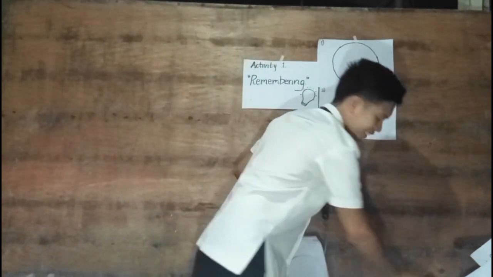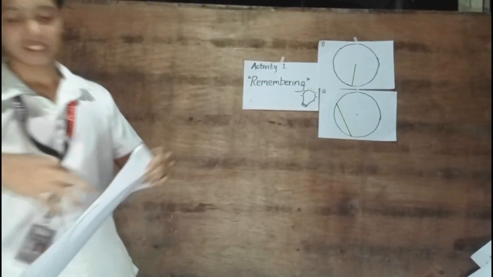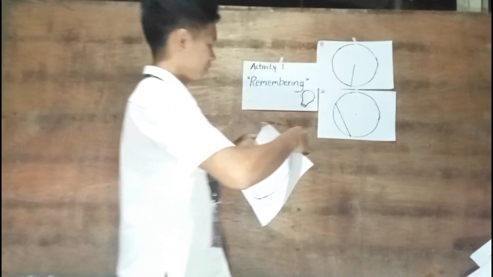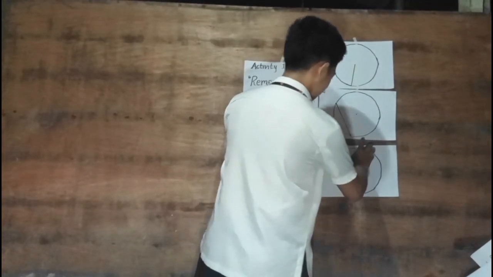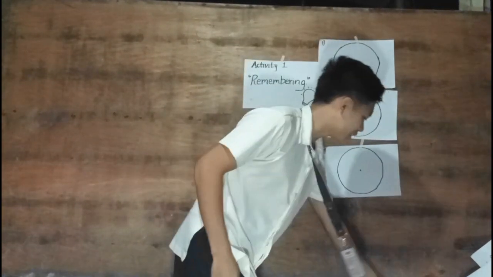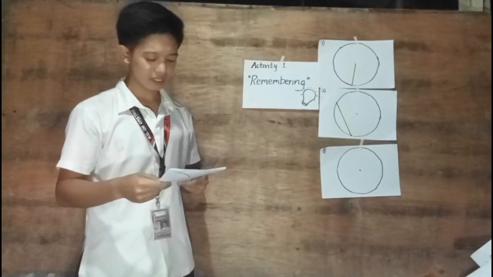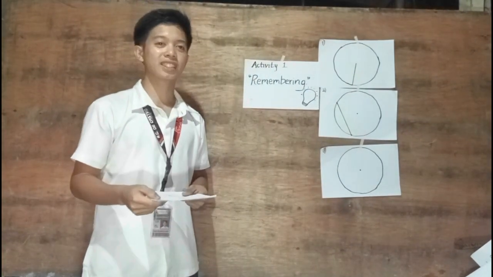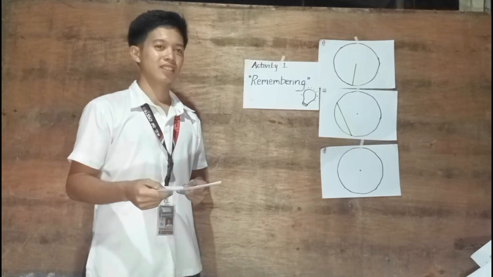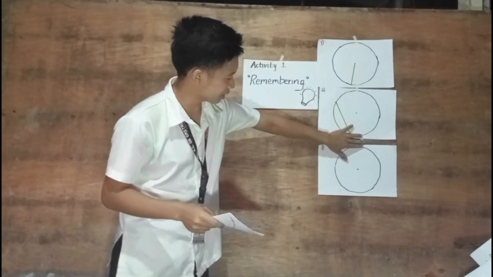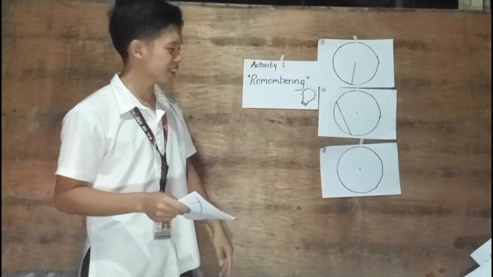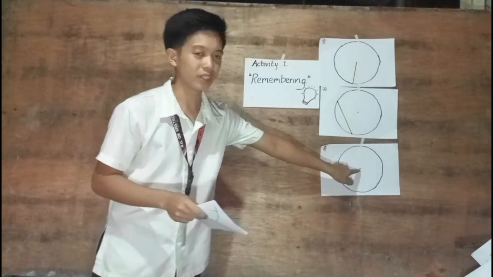So, number 3. Okay, from number 3, Mr. Rodriguez. Center po, sir. Yan, tama. Ini-illustrate ng number 3 natin which is the center or the midpoint, yung pinaka-point sa gitna.